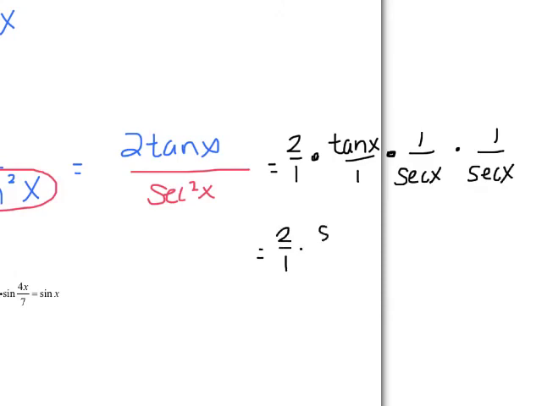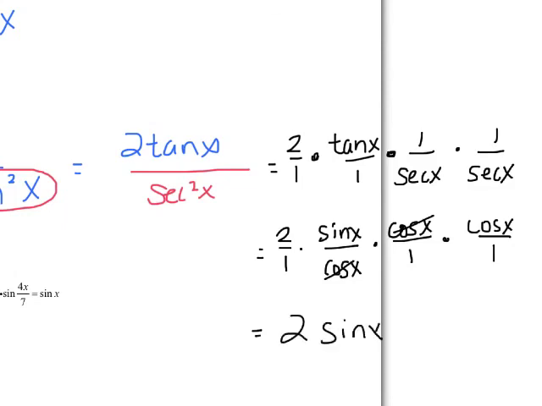So tangent is sine over cosine. And then 1 over secant is cosine and another 1 over secant is cosine. And so we end up with 2 sine cosine. That's a times, sorry, I'm writing fast. 2 sine x times cosine x, which is sine of 2x.